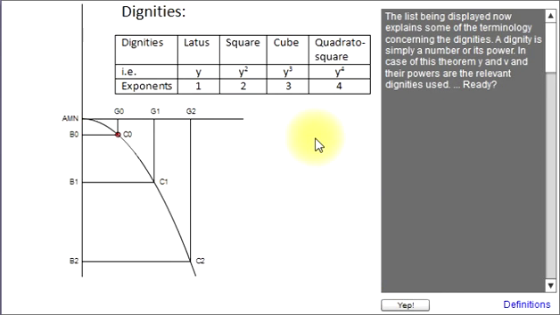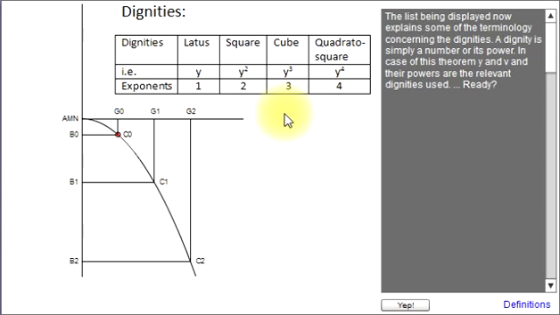Leibniz also often uses the word dignities, and I think I used this word a couple of times before already without explaining what it means. When you call back into your mind the analytical expression which we were just looking at in the form of these equations, we had a side of the equation where we had a y and the other side where we had a v, and both of these numbers could have different exponents.